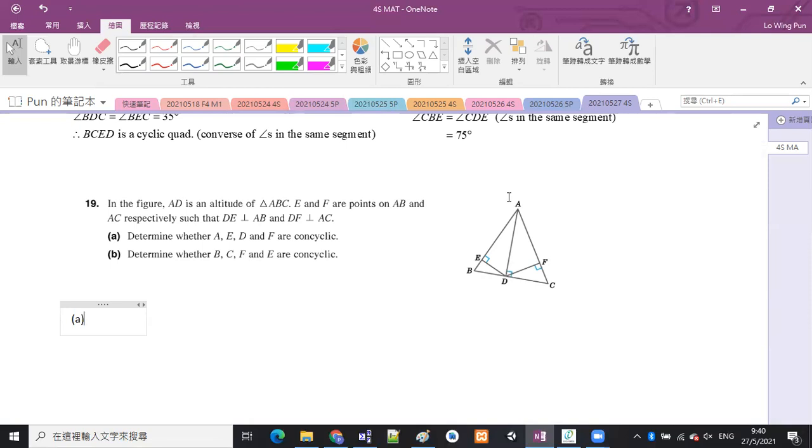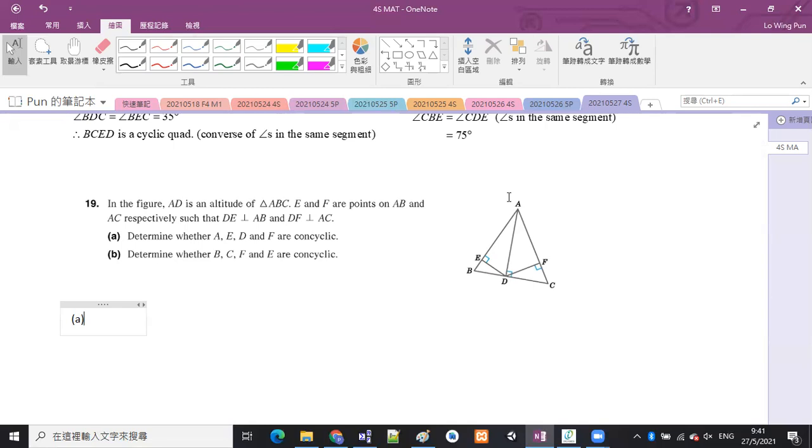This is 90 degrees. Angle DFC is an exterior angle, and its interior opposite angle, angle AED, is also given to be 90 degrees. So I can say that they are equal and then conclude that it is cyclic immediately. Just write this down.